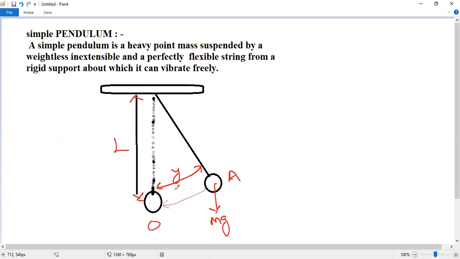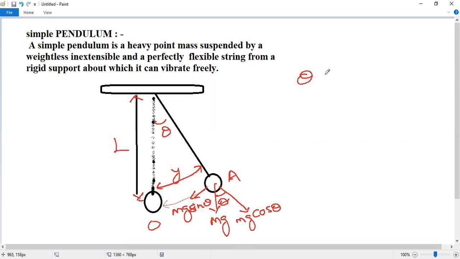I will take the components: this side is mg sin theta, and this is mg cos theta, making angle theta. This is theta.